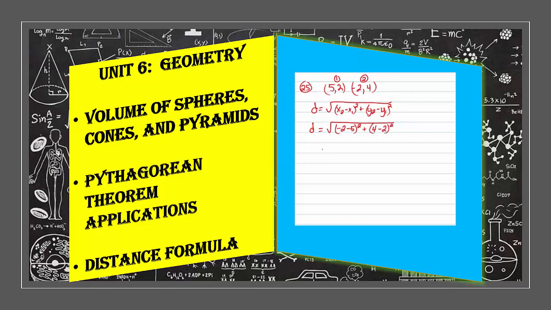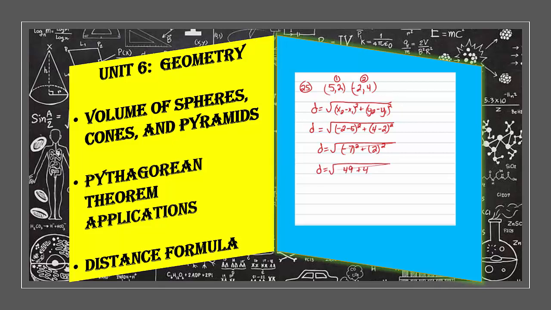D is equal to the square root of -2 minus 5 is -7 squared. 4 minus 2 is 2 squared. D is equal to the square root of 49 plus 4.